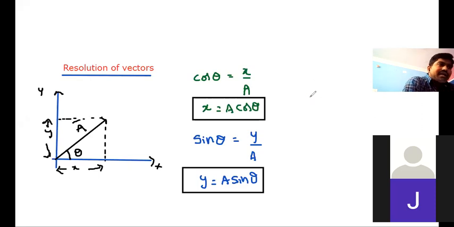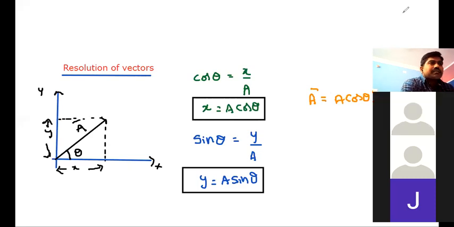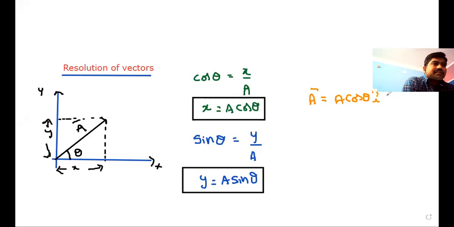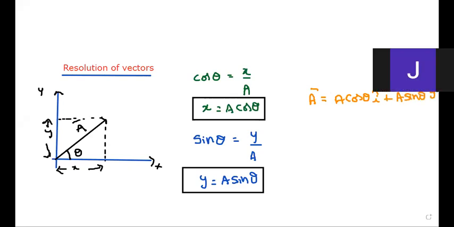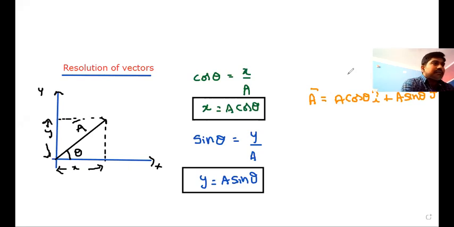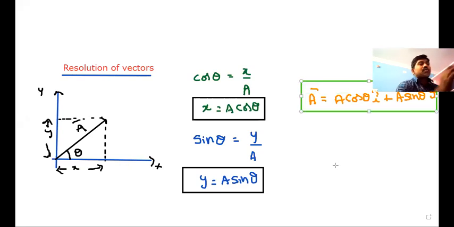The whole vector a bar can be taken as x component into i cap, what is the x component? a cos theta i cap, plus a sin theta j cap. A cos theta into i cap plus a sin theta into j cap. So this is the whole vector.